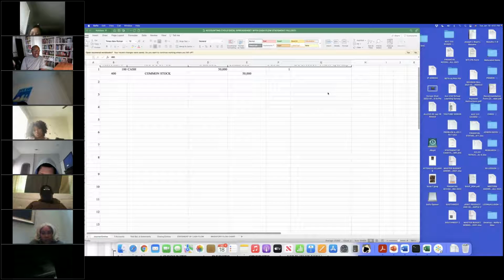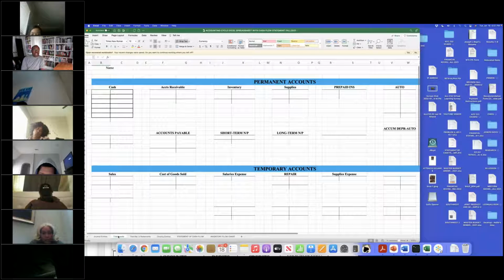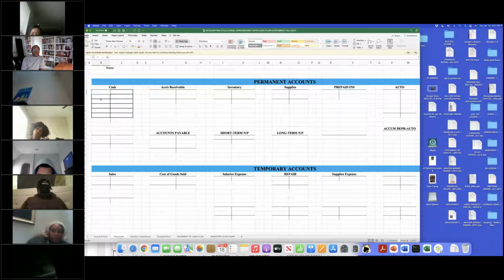Then once you make a journal entry, you go to the T accounts. Now we're trying to say, okay, how much cash do we have after all of these journal entries? If it's on the debit side in the journal entry, it's on the debit side in the T account. If it's on the credit side in the journal entry, it's on the credit side in the T account.